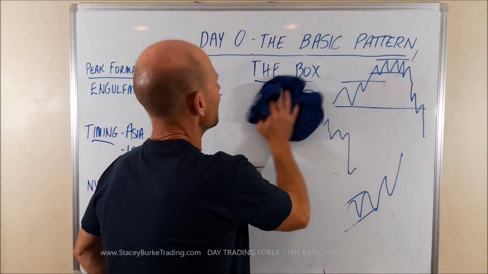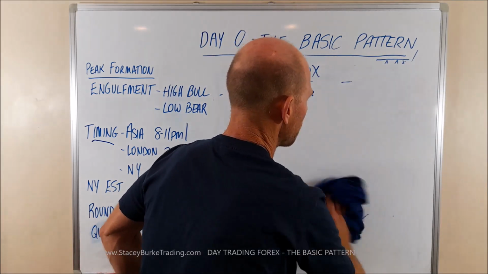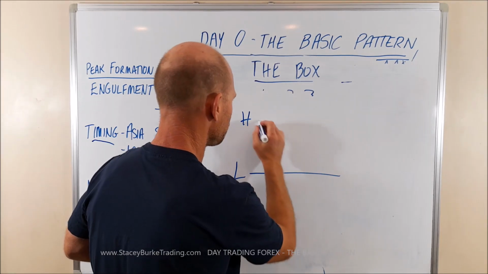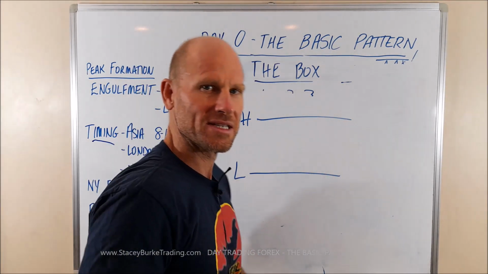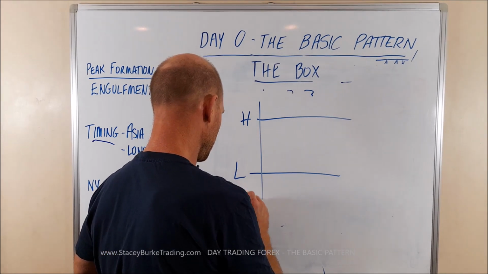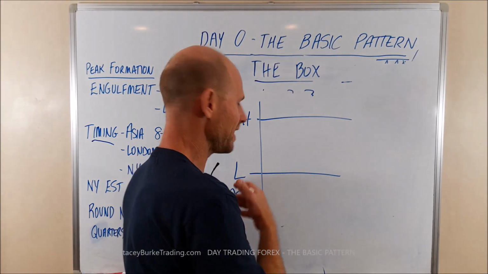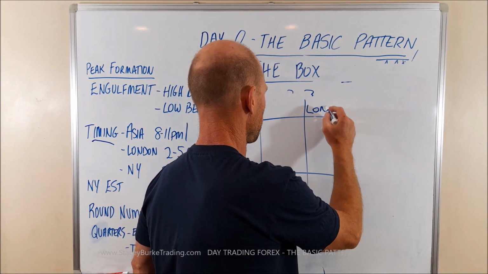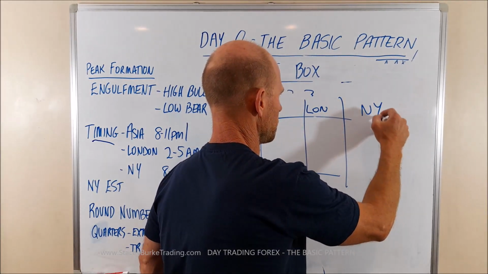So the day 0, the basic pattern, is understanding that we have a high and a low that will be established typically as the day starts. Now again, I don't care what anybody says, the day starts in Asia, London's in the middle, and New York closes it out.